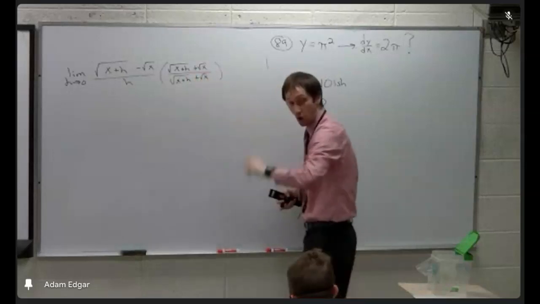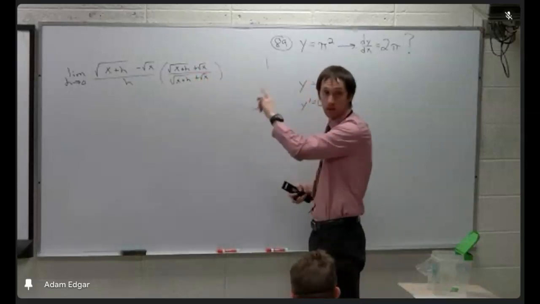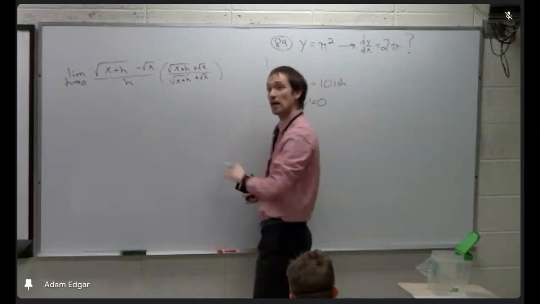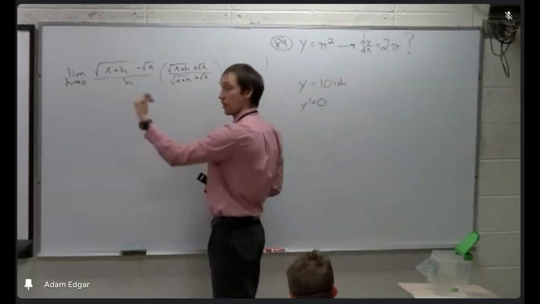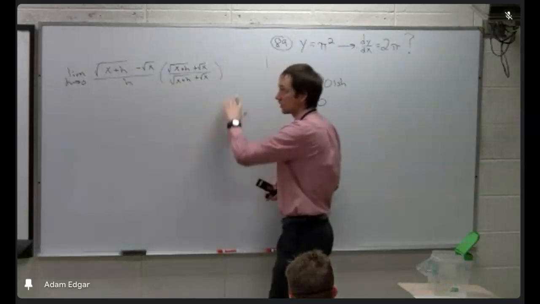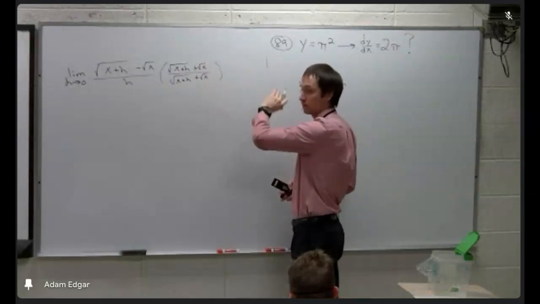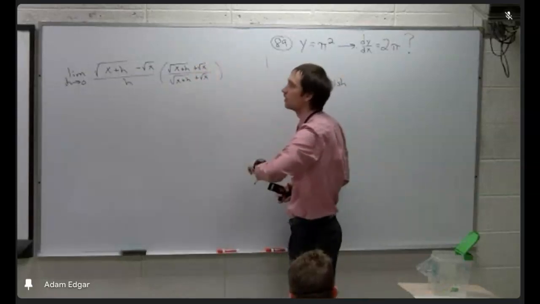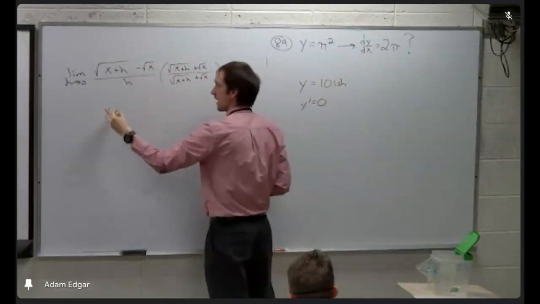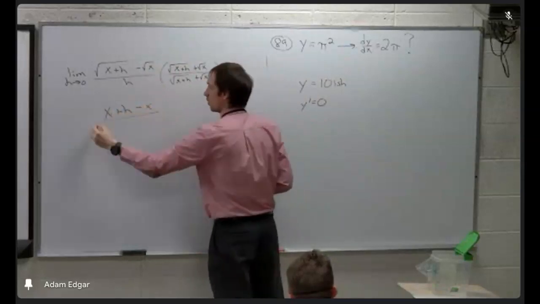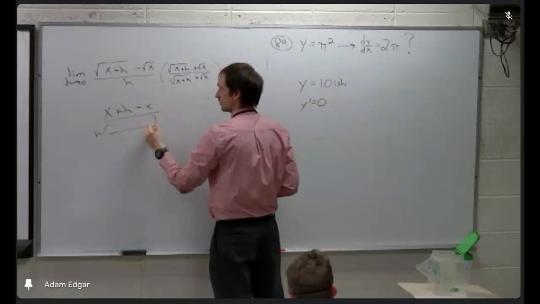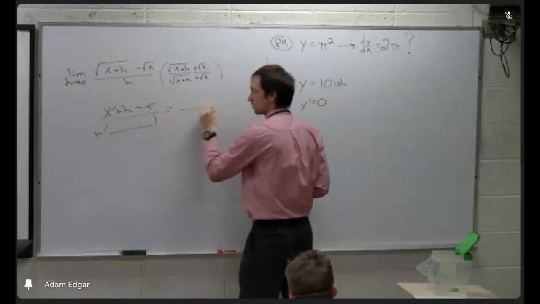We only use that with radicals. So if you had a fraction situation, like 1 over x plus h minus 1 over x, you're not using a conjugate, you're just using separate factors. So you multiply this out, you get x plus h minus x all over h times the conjugate. The x's cancel out.